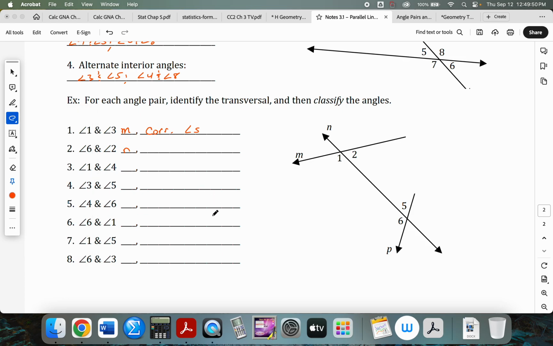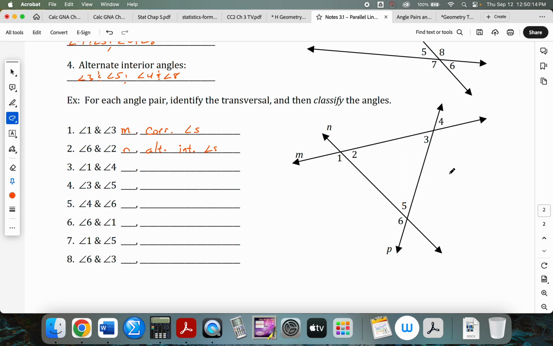So, type of angles. Yes, Grace. Alternate interior angles? Perfect. Alternate interior angles, because they're in between line M and P, and they alternate sides of the transversal. Perfect.